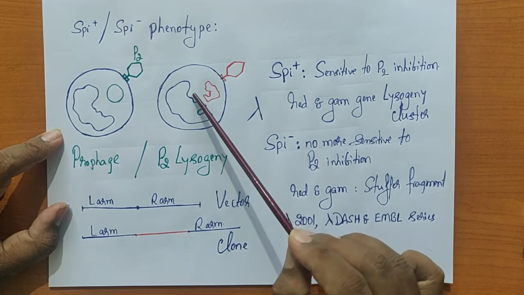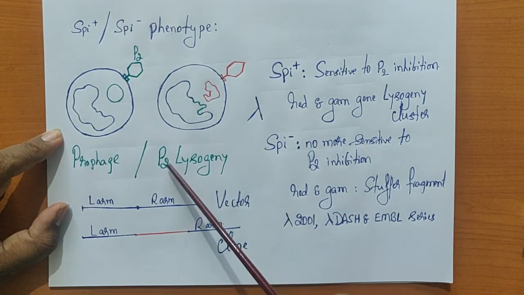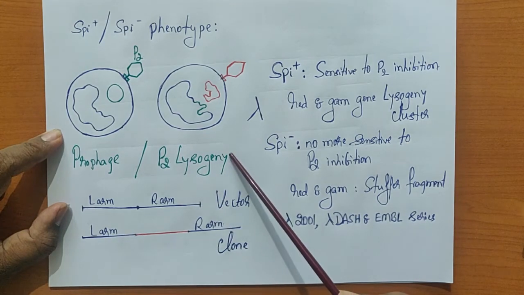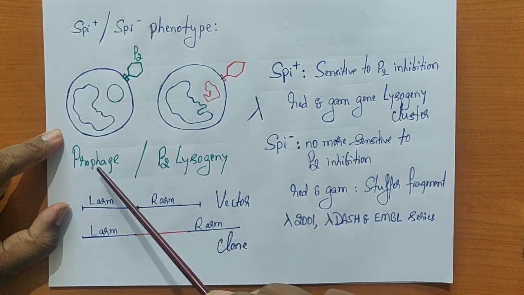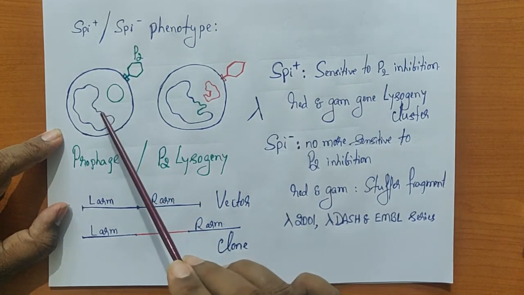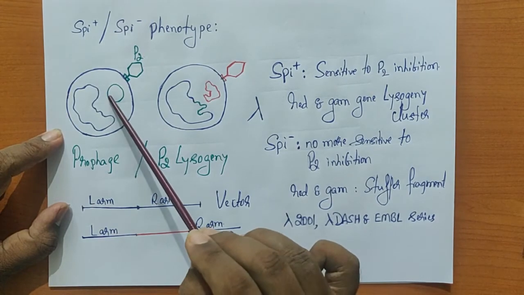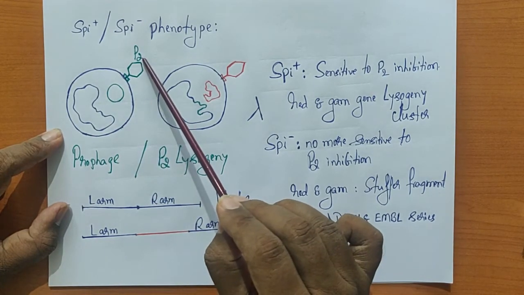This particular form is called a P2 lysogen. This is also called the prophage phase. I will repeat one more time. We have the E. coli strain. Initially it is infected with P2 bacteriophage.